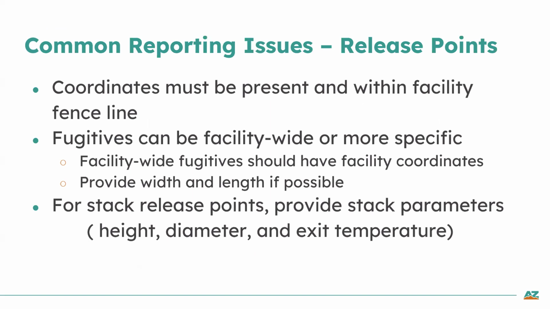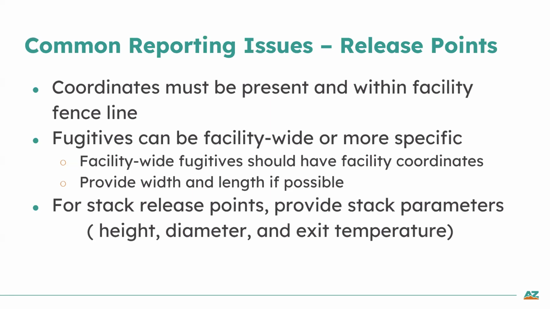We are going to switch gears and talk about common issues that pass CAERS quality checks, but need to be addressed before we can accept the reports for quality assurance. Regarding the release points, all emissions release points must have latitude and longitude coordinates. Make sure the coordinates are within the facility fence line.